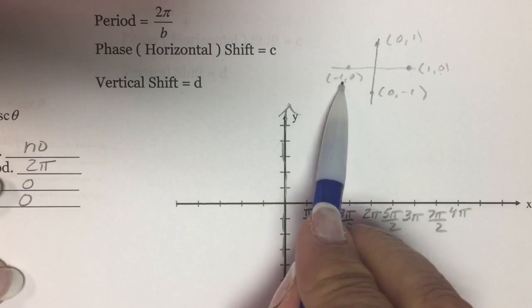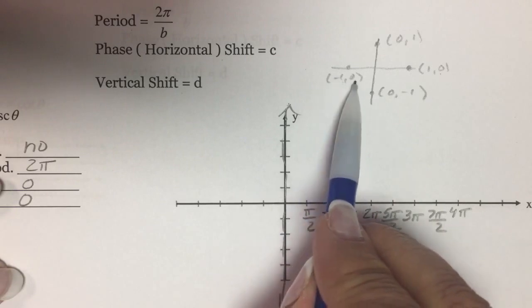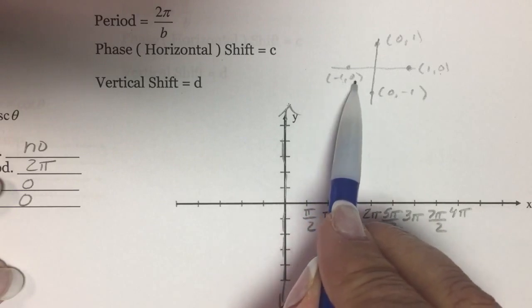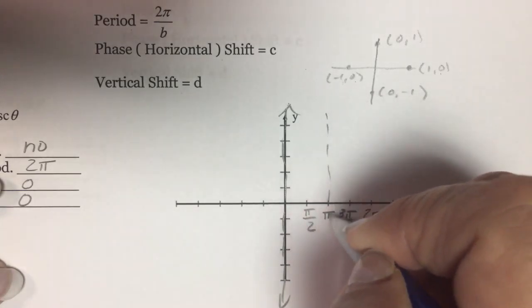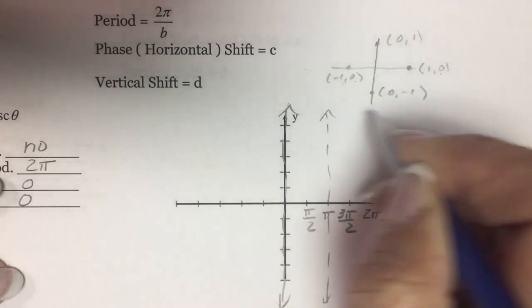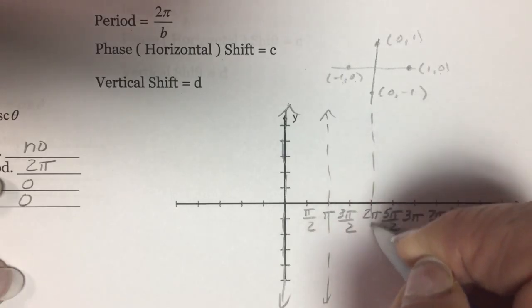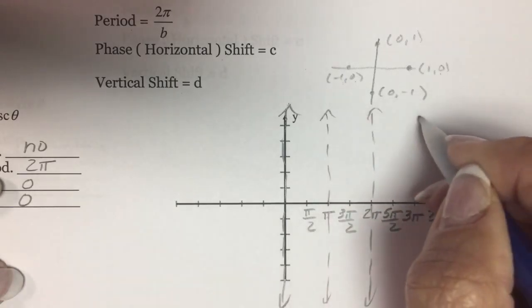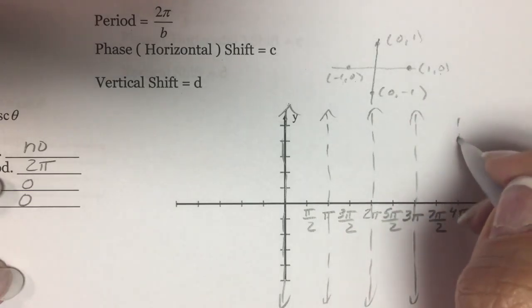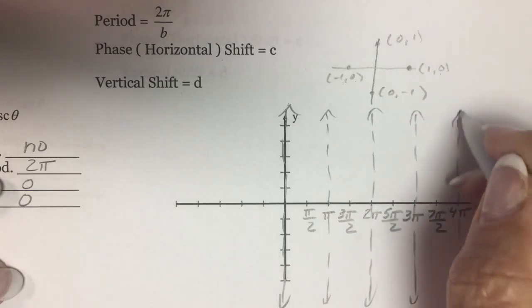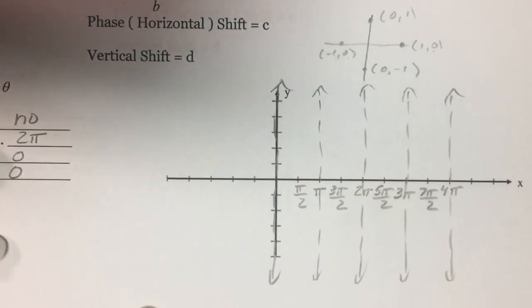If I go to pi, again, the sine is 0, so the reciprocal would be undefined. And in fact, every 2 spaces for cosecant, you will have an asymptote. For tangent, it's every 4, but for this one, it's every 2.